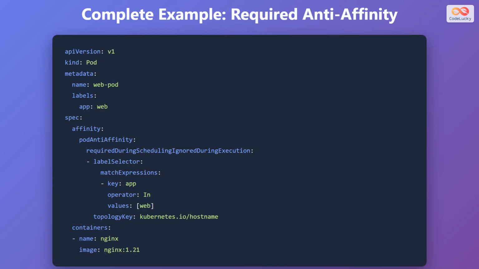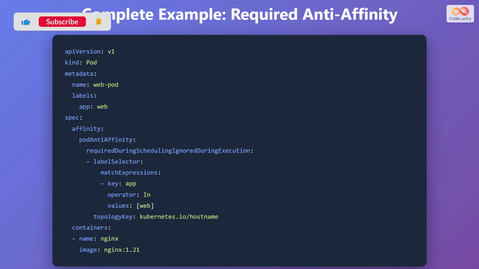Here's a complete example of a pod specification using required anti-affinity. We start with the standard Kubernetes API version and kind, which is Pod. In the metadata section, we give the pod a name, web-pod, and assign it a label app equals web. In the spec section, we define the affinity rules. Under podAntiAffinity, we use requiredDuringSchedulingIgnoredDuringExecution.